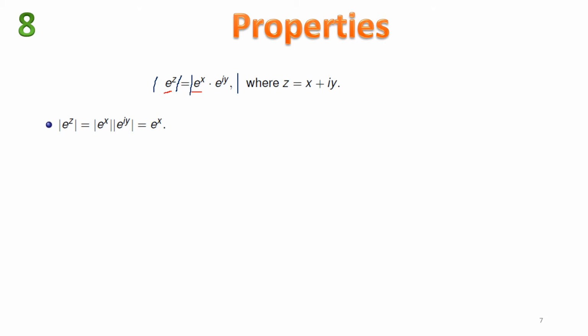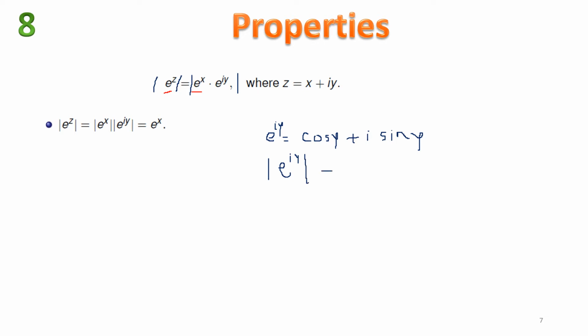Now we shall try and understand this e to the power iy. E to the power iy is equal to cos of the angle y plus i times sine of the angle y. And when we consider mod of that, mod of e to the iy we are interested in finding.